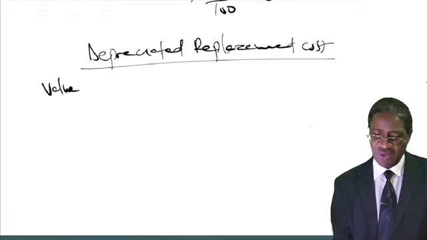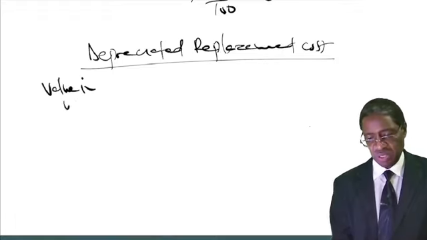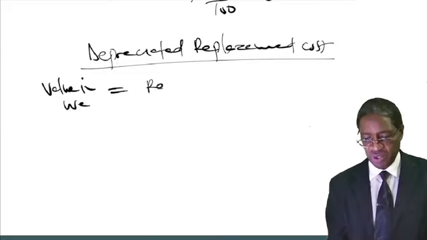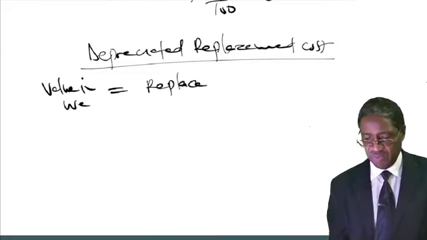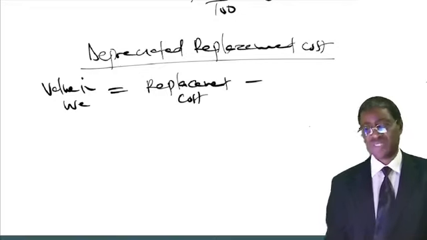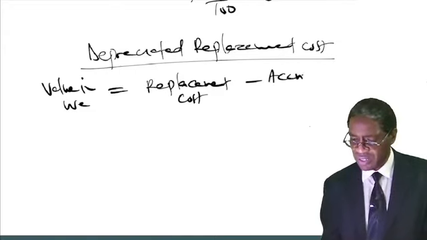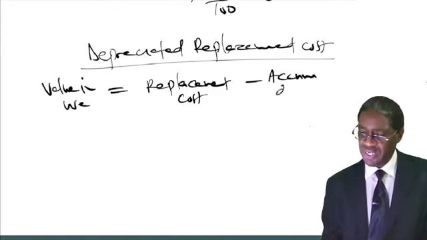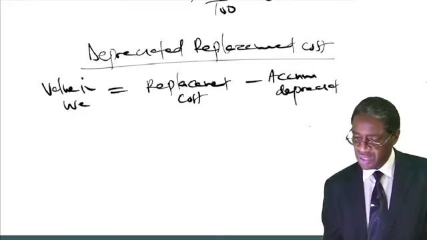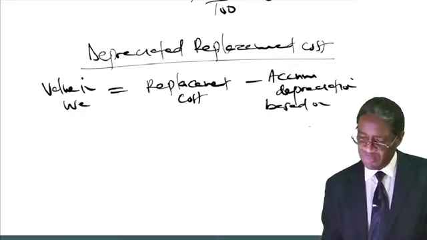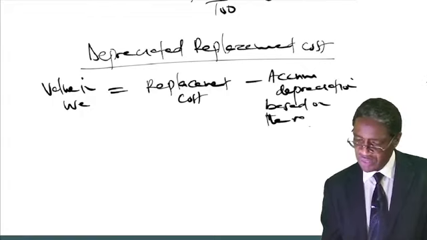You say your value in use equals replacement cost minus accumulated depreciation based on the replacement cost.